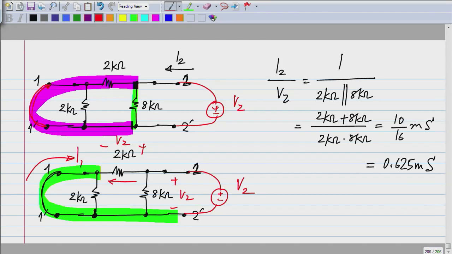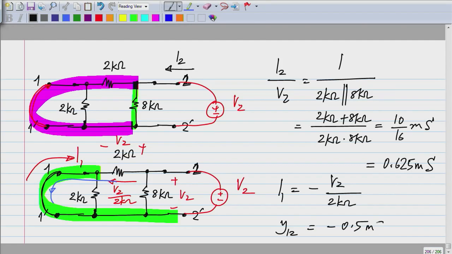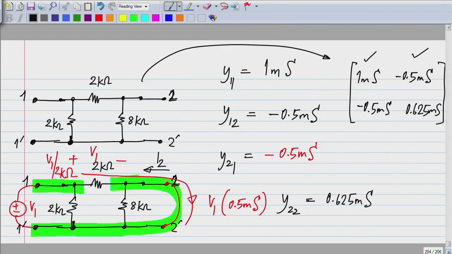So the current flowing from right to left through this 2 kilo ohm resistor is V2 by 2 kilo ohms. And at this node, you have the short circuit and the 2 kilo ohm. So obviously all of the current will go that way. So I1 is minus V2 by 2 kilo ohms, which says that Y12 is minus 0.5 millisiemens. So we end up getting this set of Y parameters.